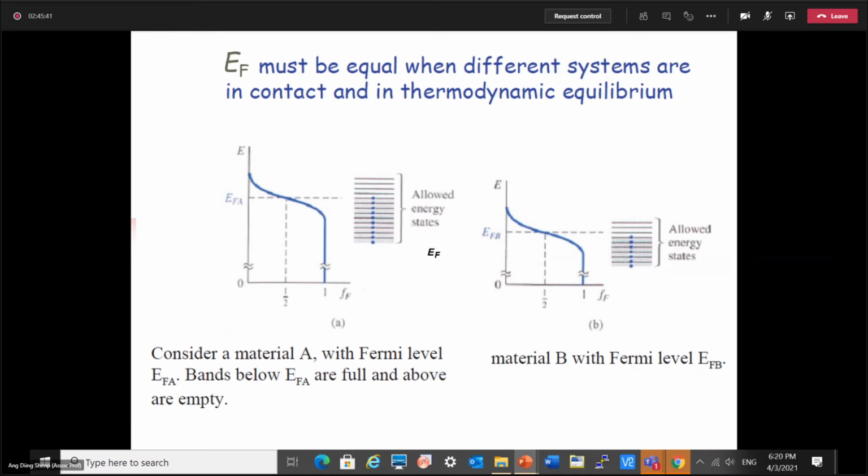But doing so will not change the conclusion, because the concentration of electrons and holes inside the space charge region, or the depletion region, are generally much smaller than the respective doping concentration term.